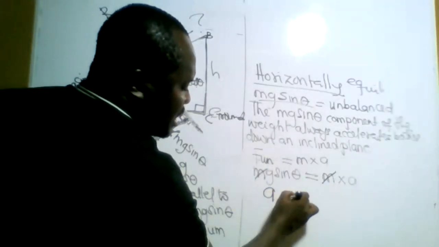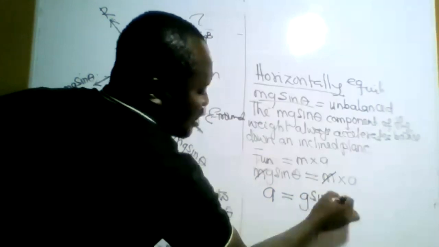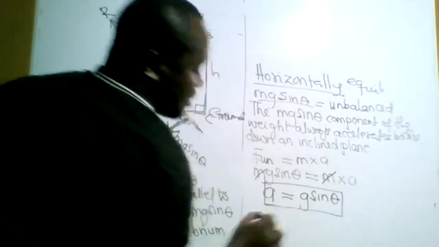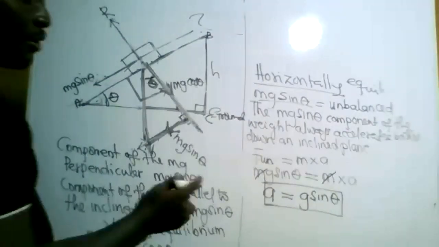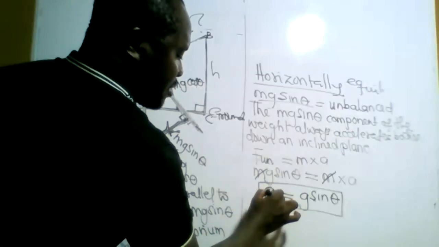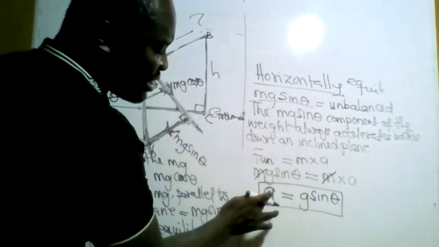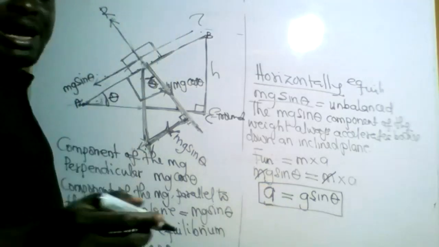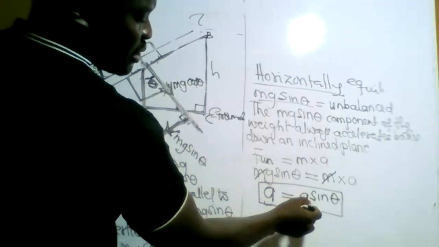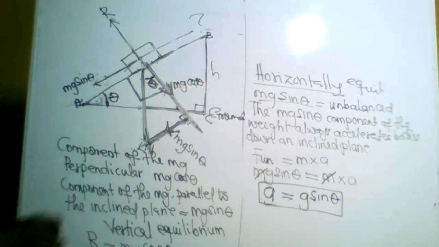Therefore, acceleration a will be equal to g sine theta. So if a body rolls down the inclined plane and you are asked to calculate the acceleration, it is gravity times the sine of the angle of inclination.